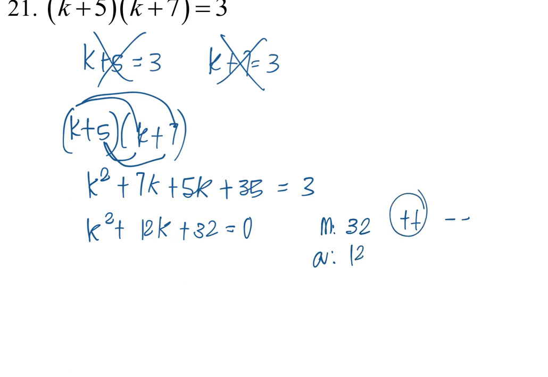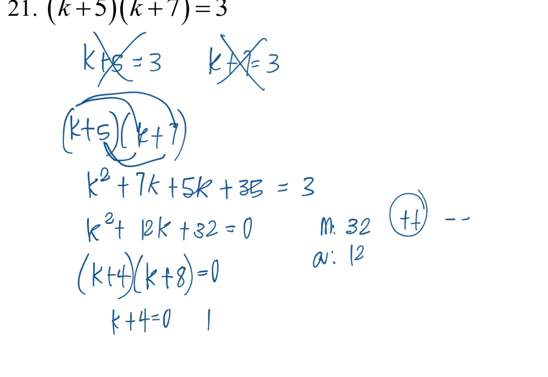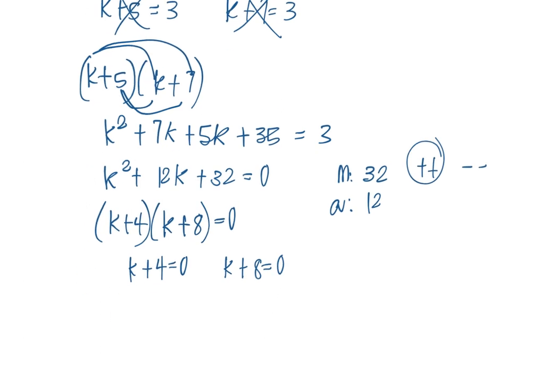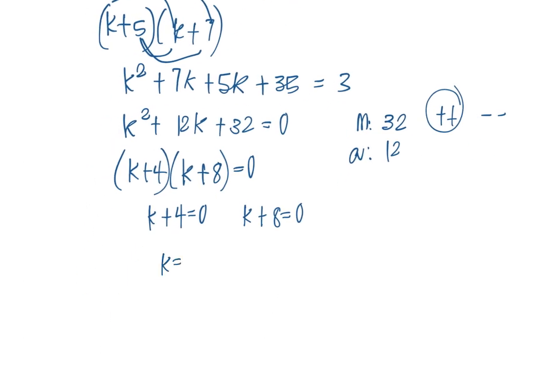So if you're adding to get a positive, they're both going to be positive. Let's see, 4 and 8. Set both factors equal to 0. You get that k equals -4 and -8.